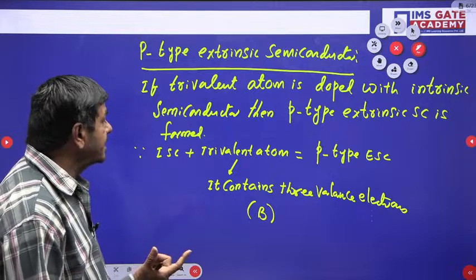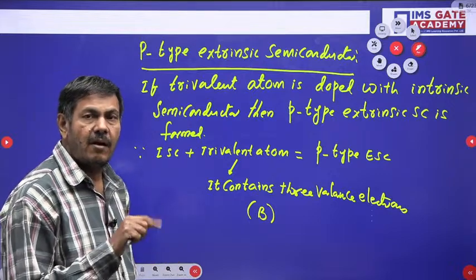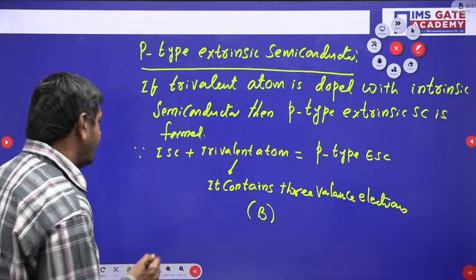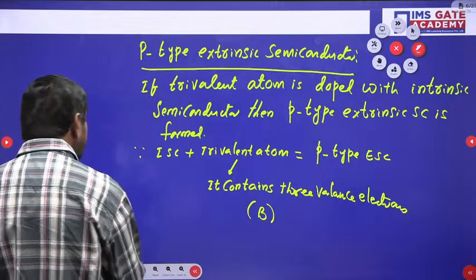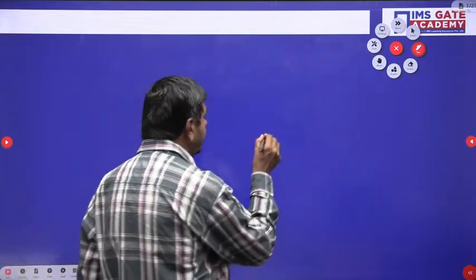Then we can draw how the bond structure will look. I can draw it like this. There is a boron.